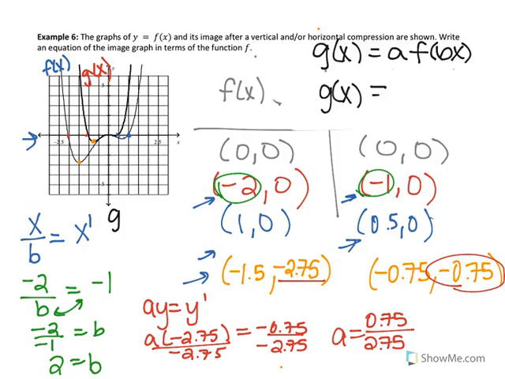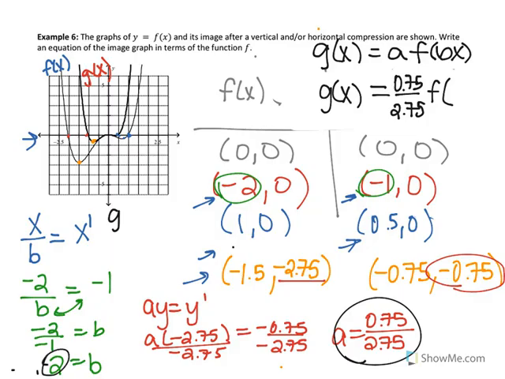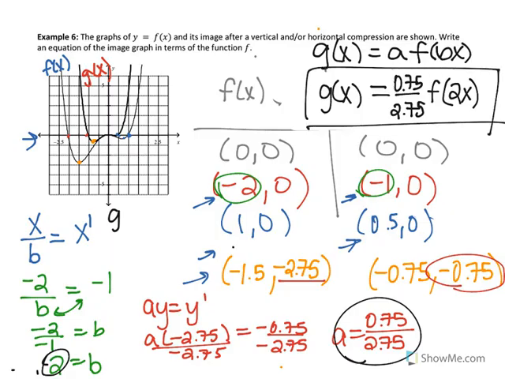G of x is equal to 0.75 over 2.75 f of b, which is 2, so 2x. So there's my equation. Now you can only do it this way because it's only been stretched and compressed. It hasn't been translated in any way. So yeah, there you go.